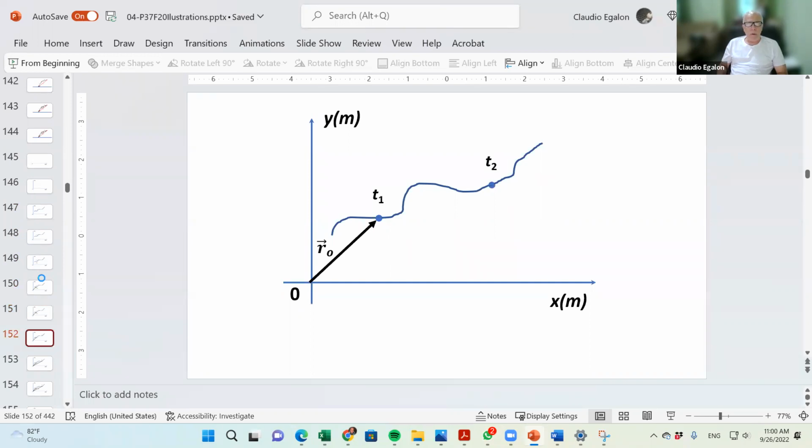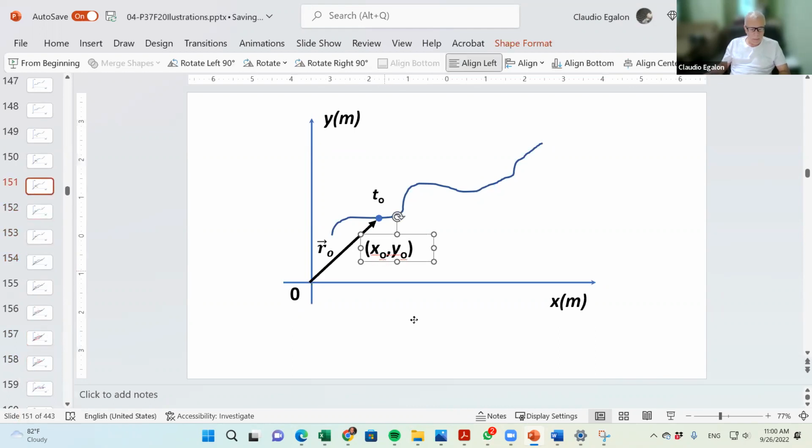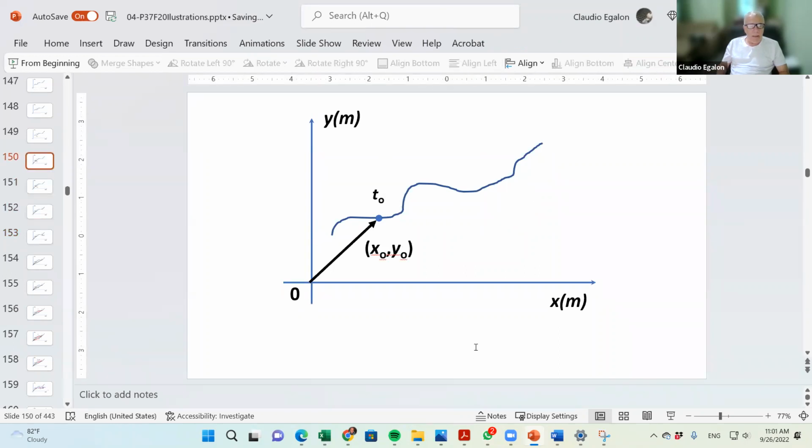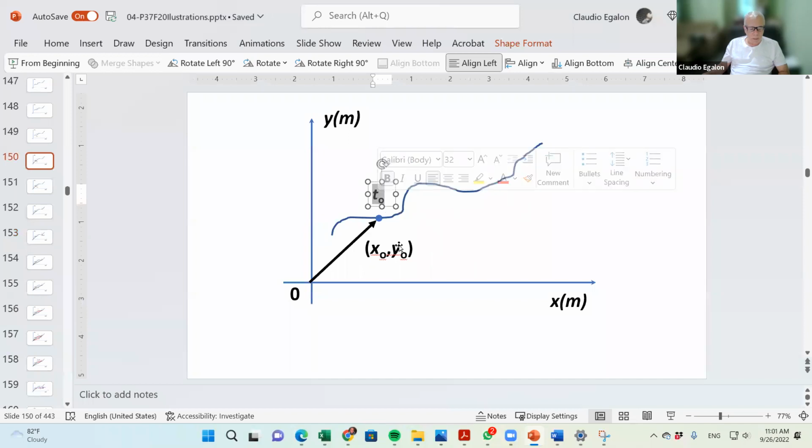Later on, this particle is at another position. And by the way, there's something else missing here. Okay, I'm going to do exactly what I did before. I'm going to put this here, and this there. Now, I changed the notation. It's supposed to be T naught. Let me fix that. I was not supposed to change the notation.